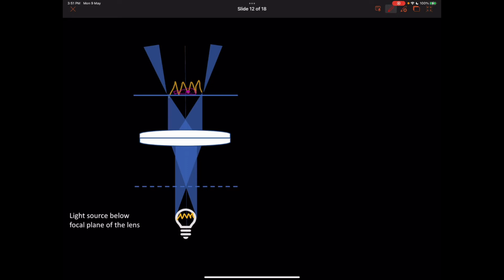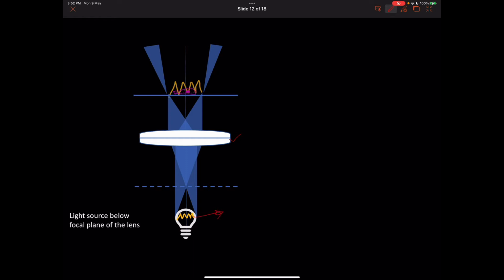Now, again in this slide, you can see a light source placed before the rear focal plane of the condenser lens. This condenser lens is trying to focus light onto the stage, where there is a specimen. If your condenser lens focuses onto your specimen, it forms an image of your light source, meaning an image of your filament.